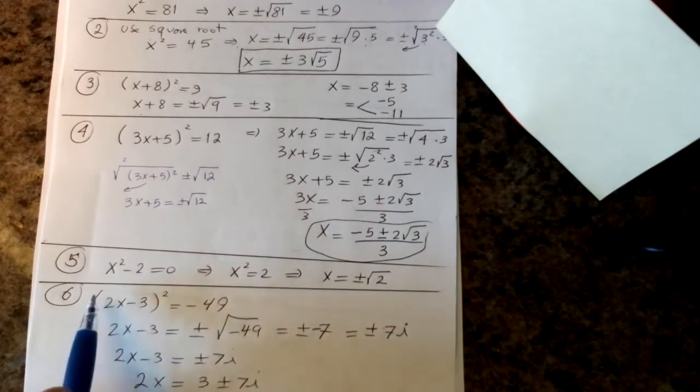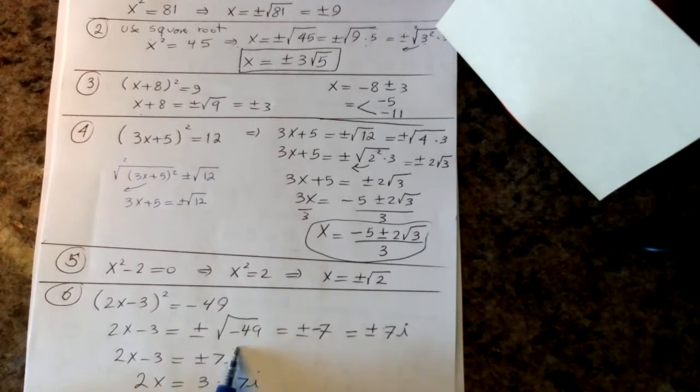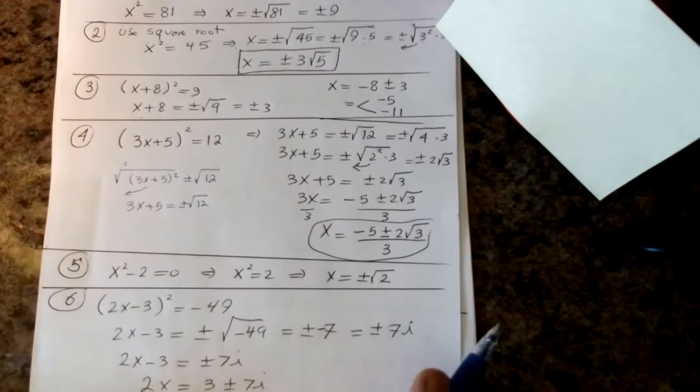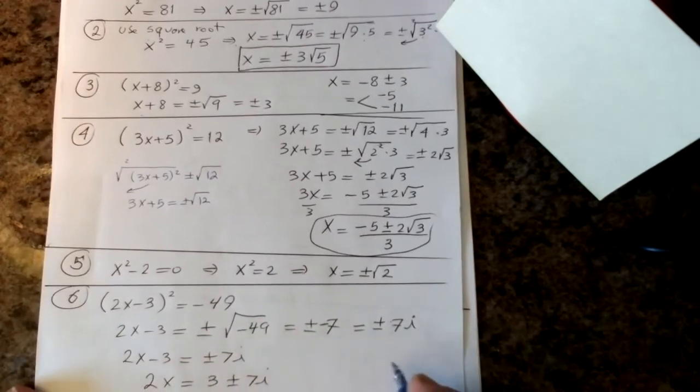So what we do is we just take a square root here again, a square root there, right? But then we understand that, I write it here for you, radical minus 1 is i.